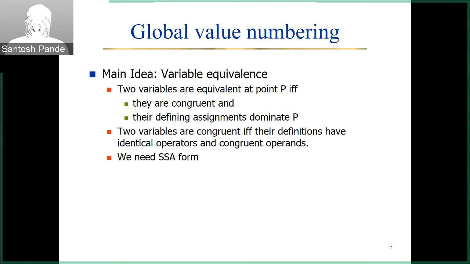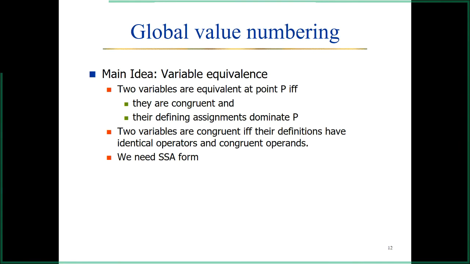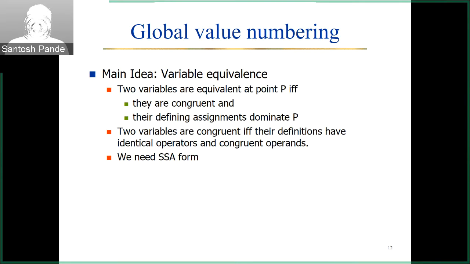So here is the very big key idea, which is not a big surprise, but the implementation of it through SSA is the interesting one. What we are talking about is two values or two variables being equivalent at some program point P. When are they equivalent?